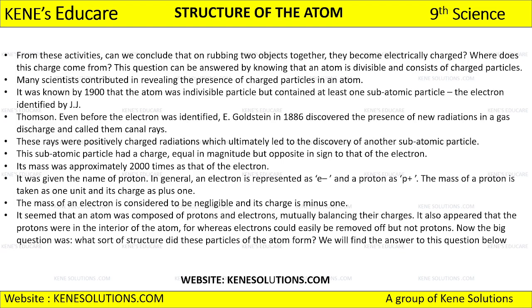This subatomic particle had a charge equal in magnitude but opposite in sign to that of the electron, and its mass was approximately 2000 times that of the electron. What was its mass? Approximately 2000 times that of the electron.